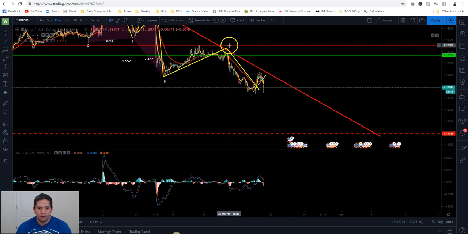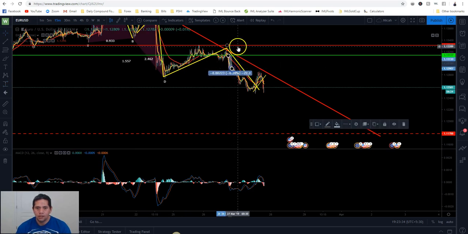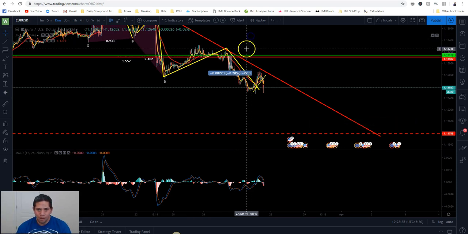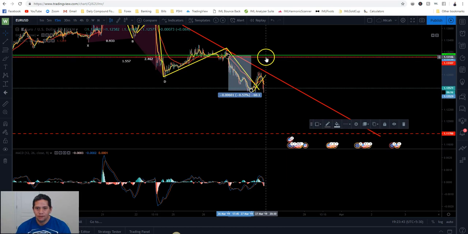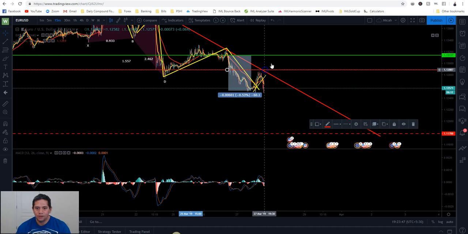So this should have been your stop loss. Once it reached, say, 20 pips in profit, you could have moved your stop loss to break even or just a little bit in profit. Once it started moving, again, you could have moved your stop loss a little bit more down, like about 20, 30 pips.